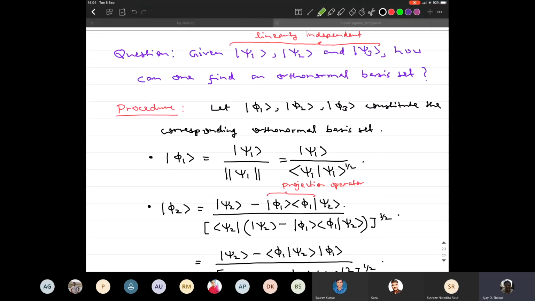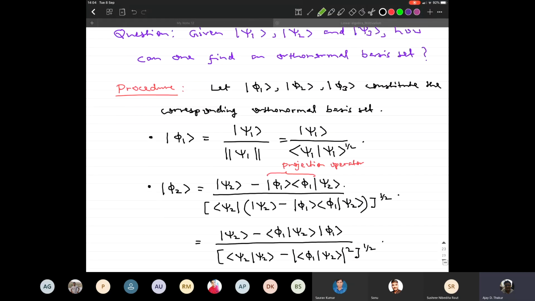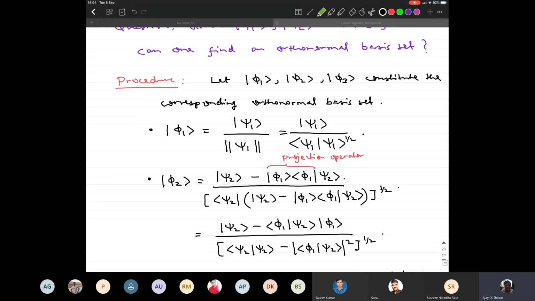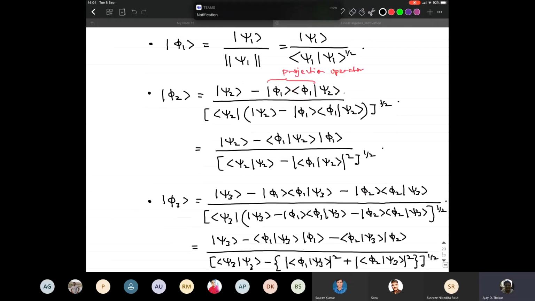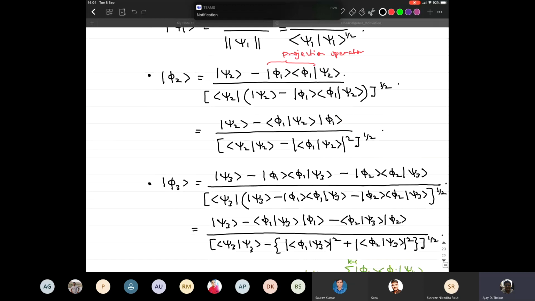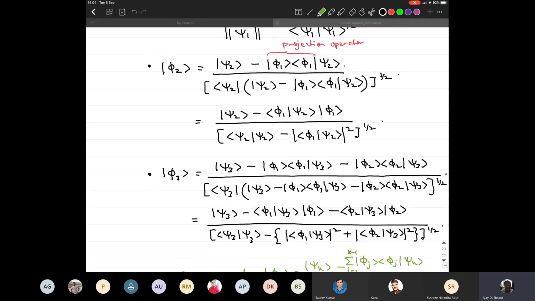You are simply normalizing psi 1. The second, you basically take psi 2 but subtract out from psi 2 the component along phi 1. So essentially you make phi 2 independent of phi 1. And then later on you write phi 3 as psi 3 and subtract out projected components along the phi 1 direction and the phi 2 direction.